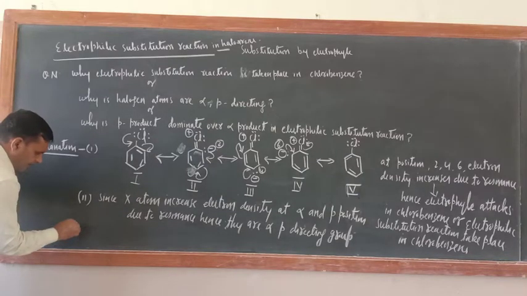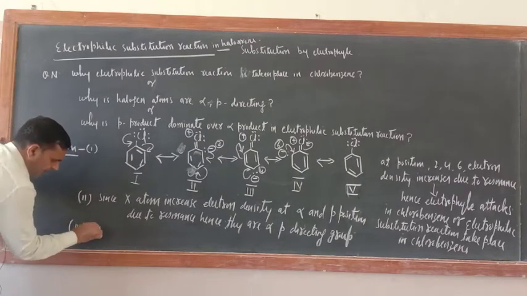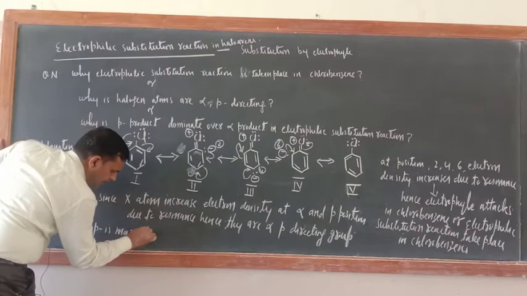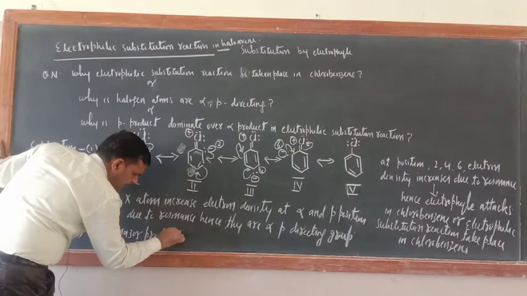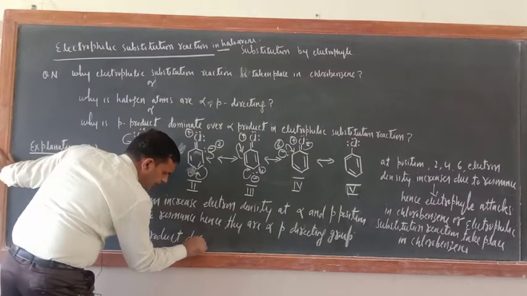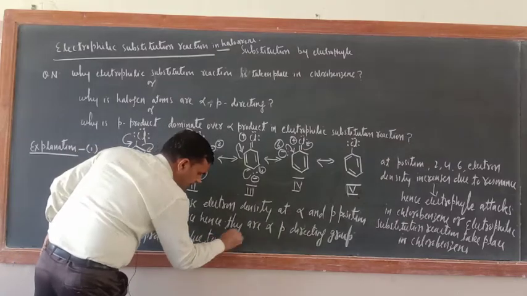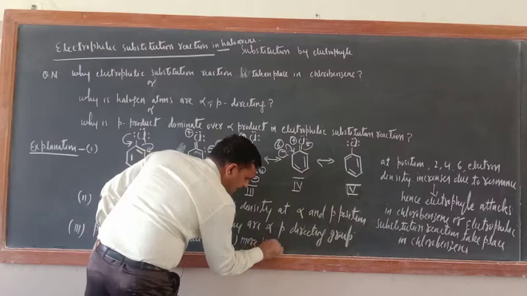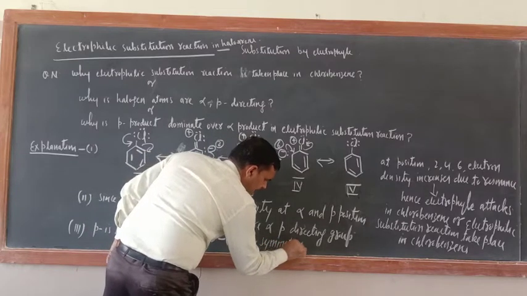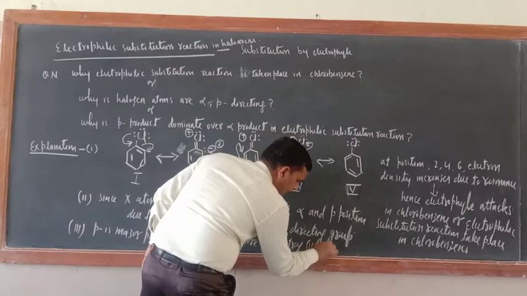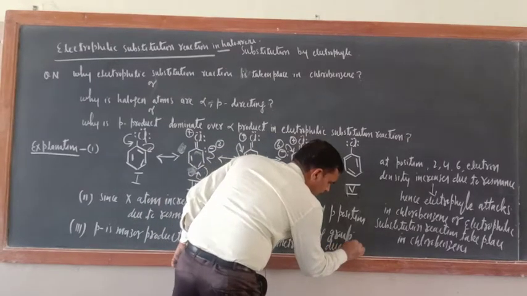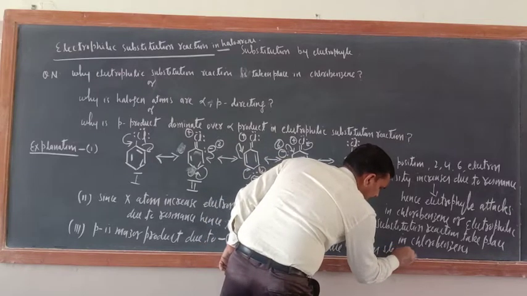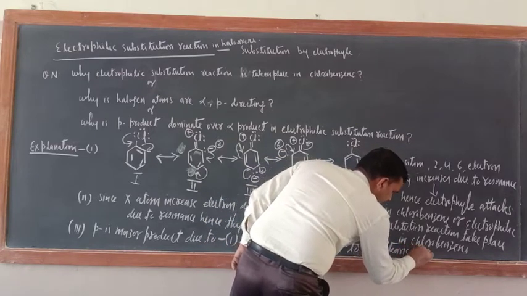So just see, para is the major product, you know the answer of this one, due to more symmetry, and second due to less steric hindrance.